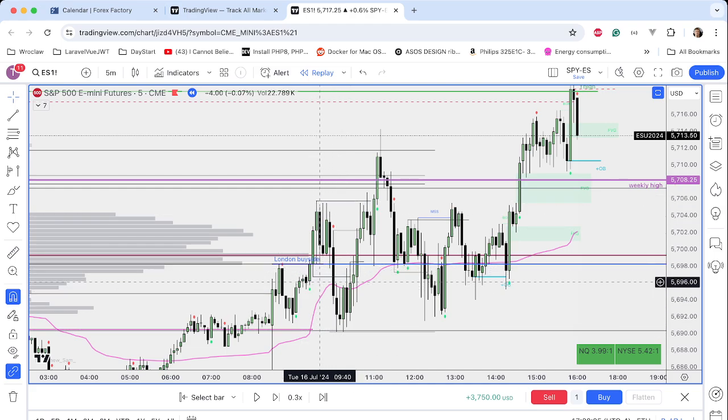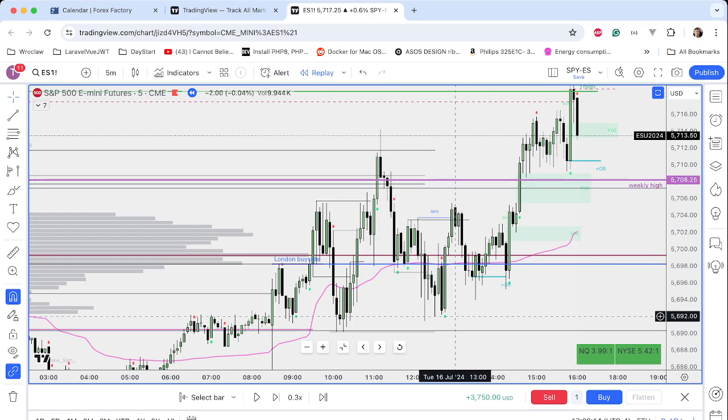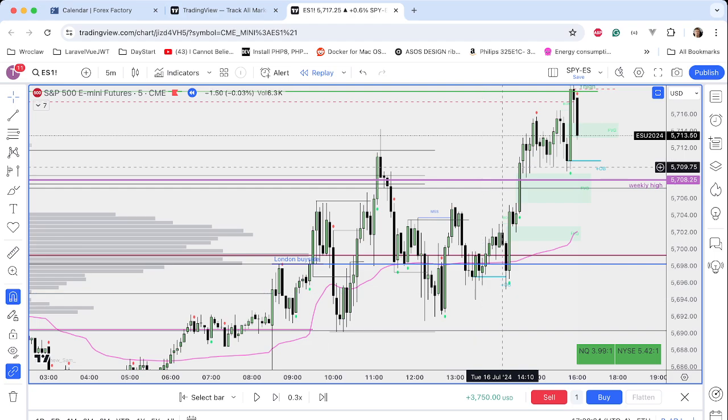If you bought it here and you were hoping for this, you didn't get it. If you bought it up here, like what they did, they took it down. I mean, the ideal scenario would be if they dropped even below that to grab this liquidity, but they haven't done it.